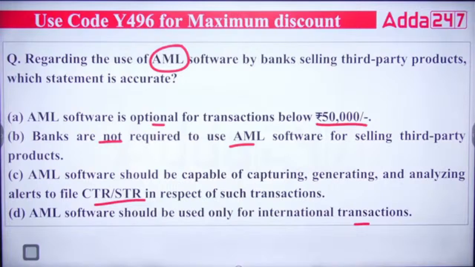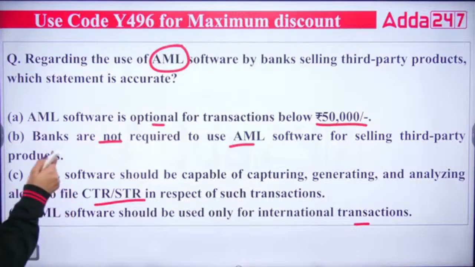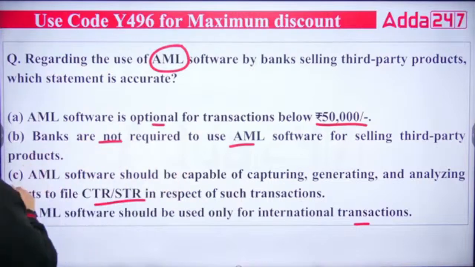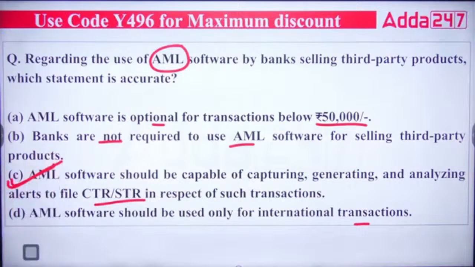So the accurate statement is that anti-money laundering software should be capable of capturing, generating, analyzing alerts for the purpose of filing CTR, STR in respect of such transactions. It should be capable of filing what?